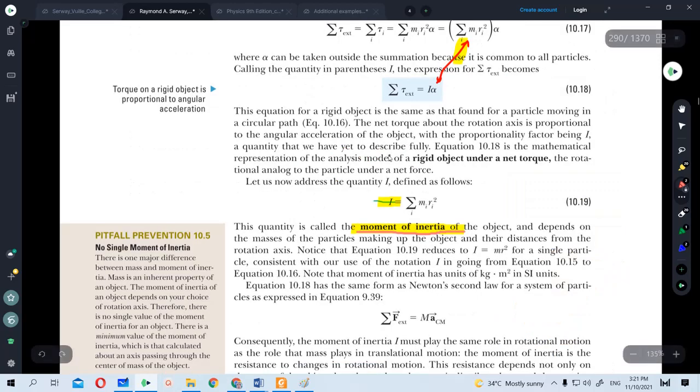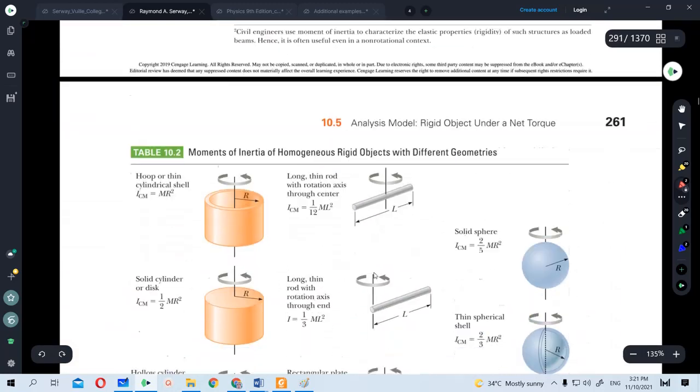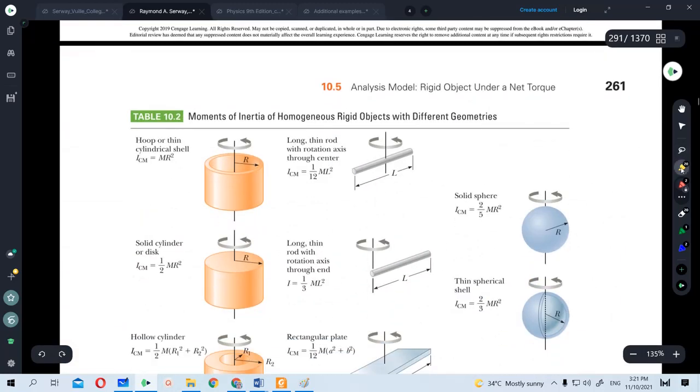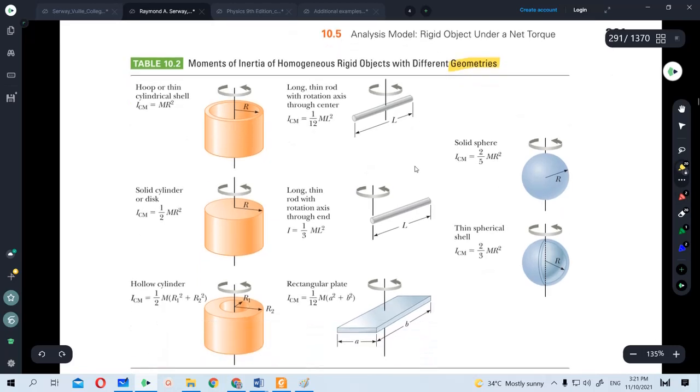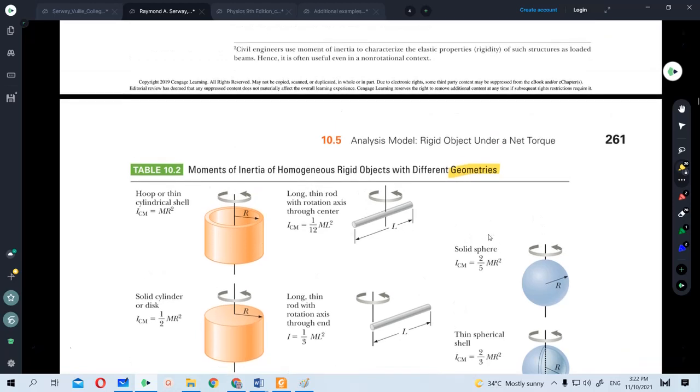When I say general, it means that whenever the object does not have a specific geometry, such as in this figure, a thin shell, solid cylinder, hollow cylinder, a rod, rectangular plates, or even a sphere and shell, then go for the calculation of the I value being mr squared.